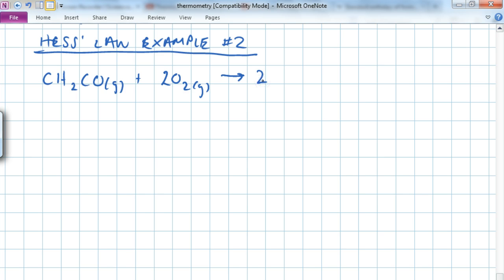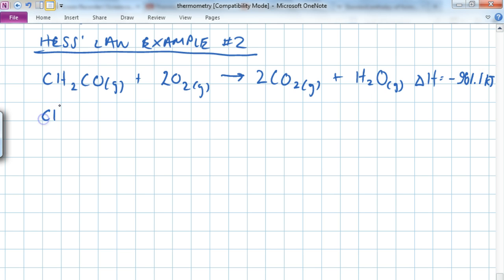Here we've got ketene, CH2CO, reacting with oxygen to make CO2 and water. And delta H for that is negative 981.1 kilojoules.